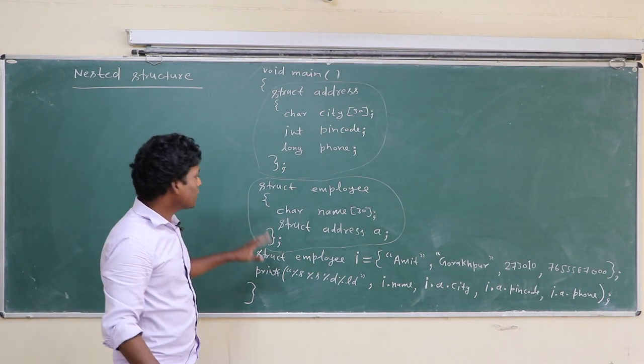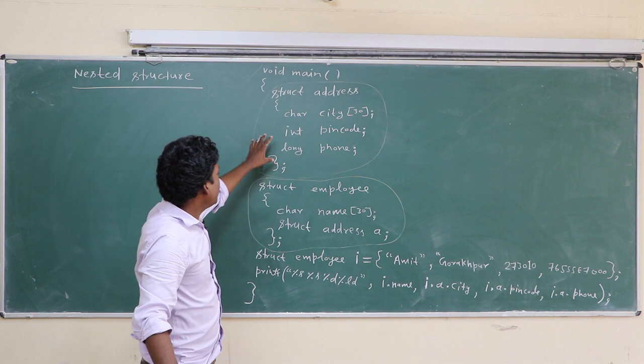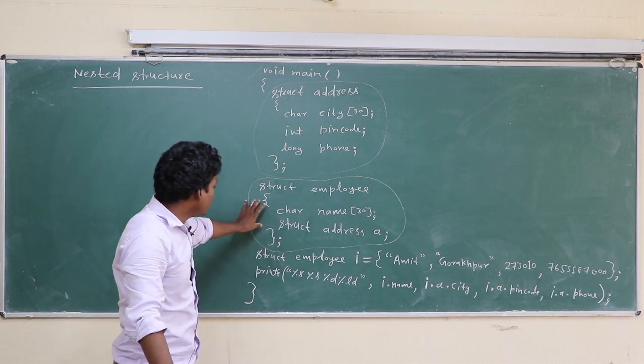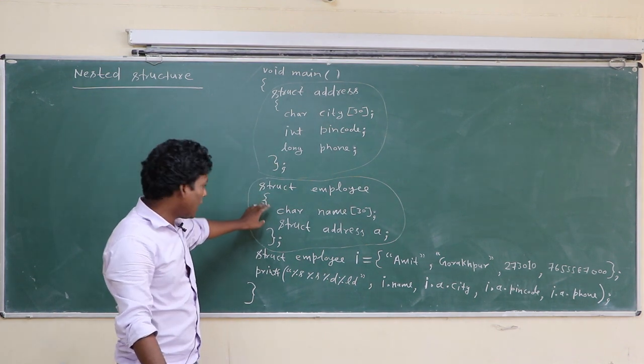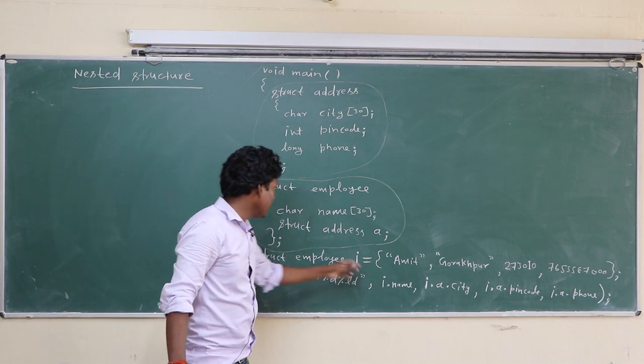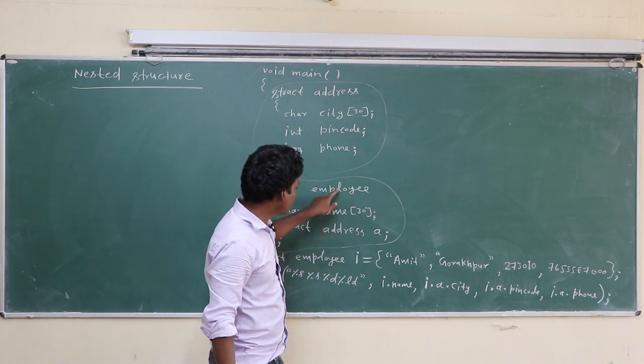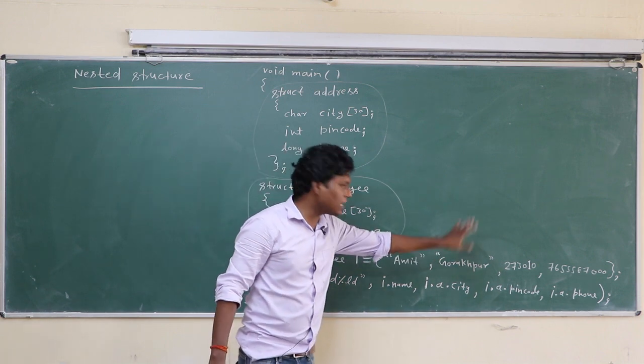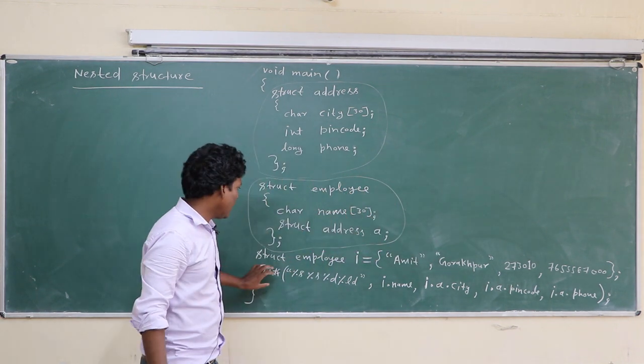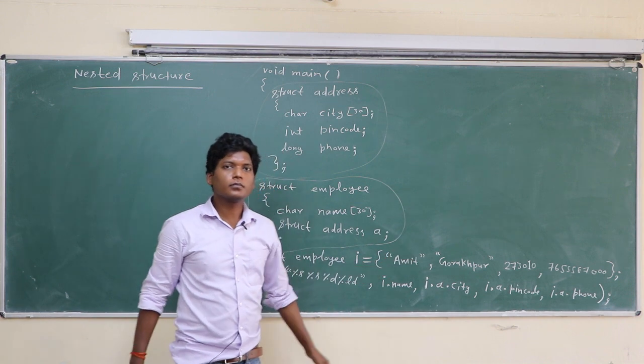We declare the variable i of this structure data type, we initialize it, and we print it.